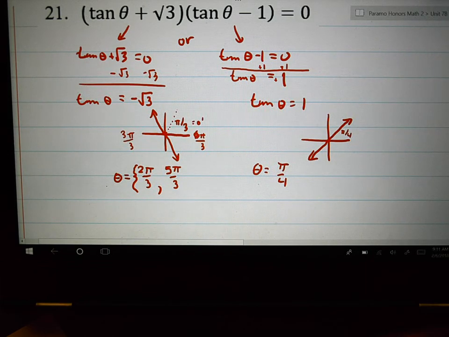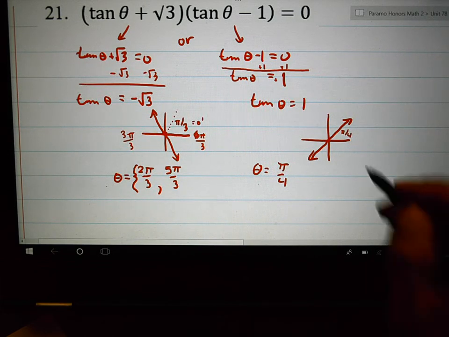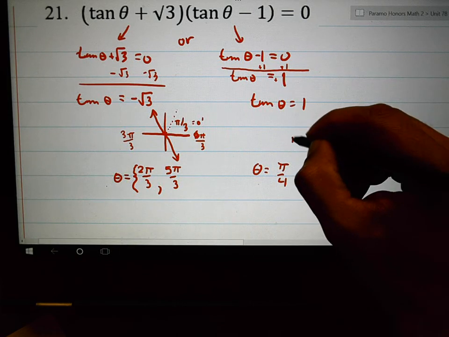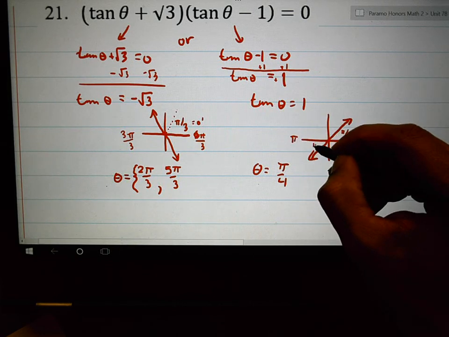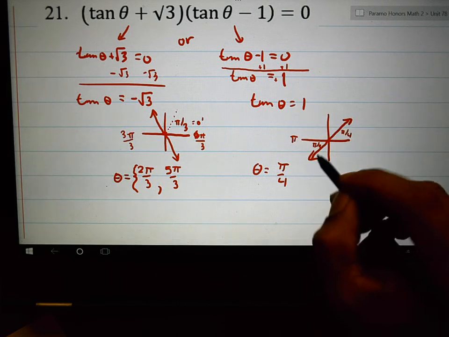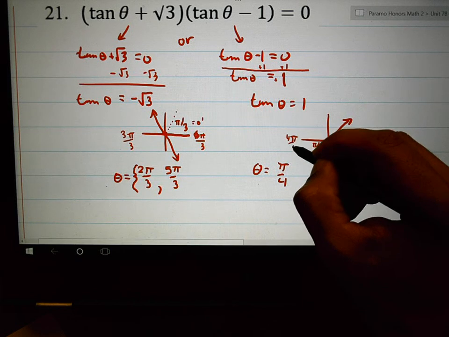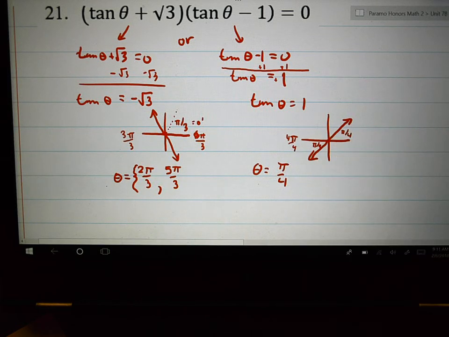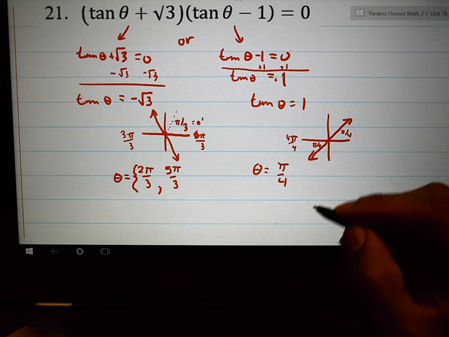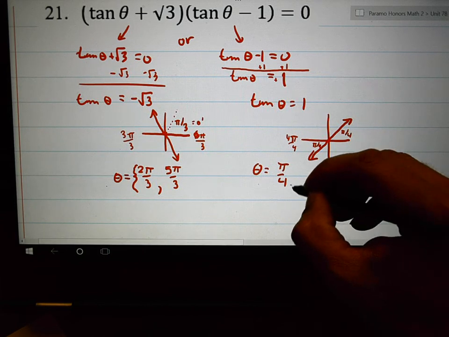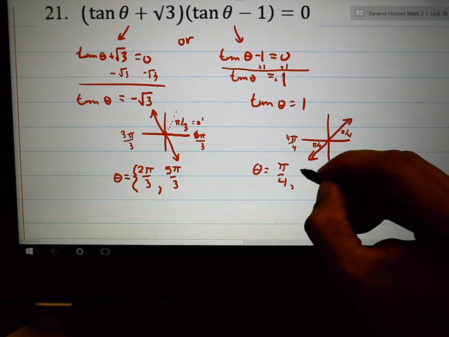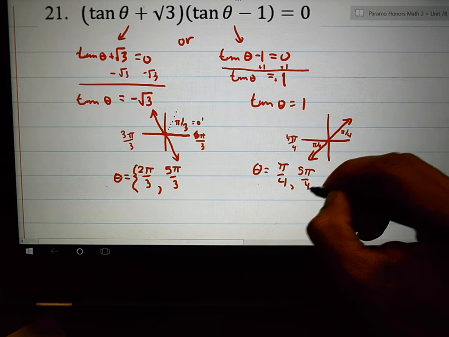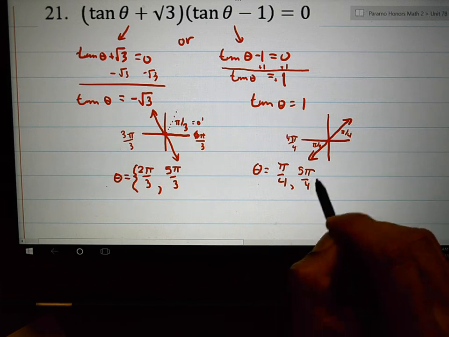And then you're going to use that to figure out how much past pi this other one is. You might be thinking that this is 4 pi over 4, because that makes everything easier when you know that pi is the same thing as 4 pi over 4. And it's a pi over 4 past that. What is your fourth possible answer going to be? And then what I do is I take these two possible answers and I put them over here.